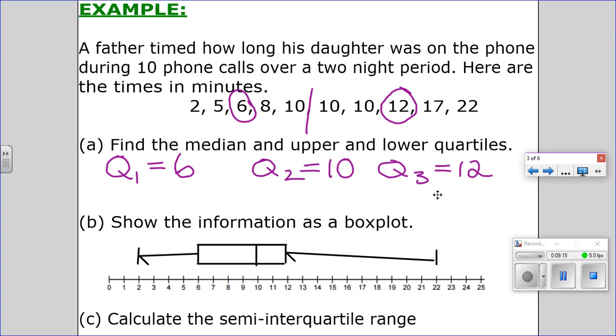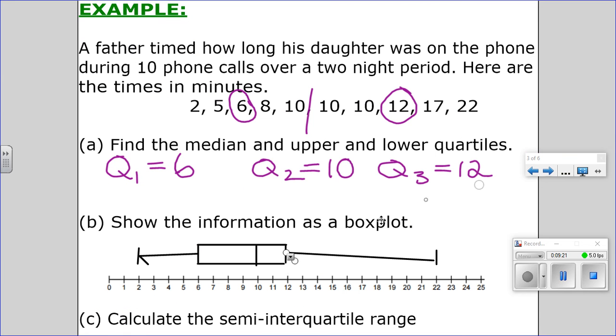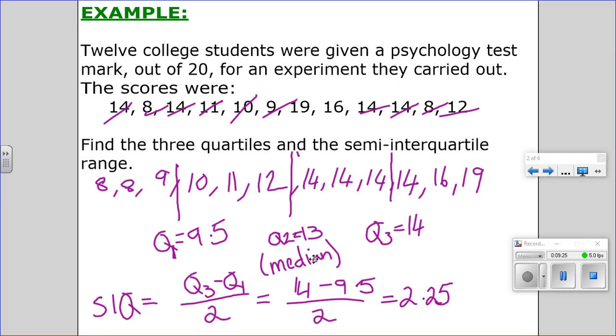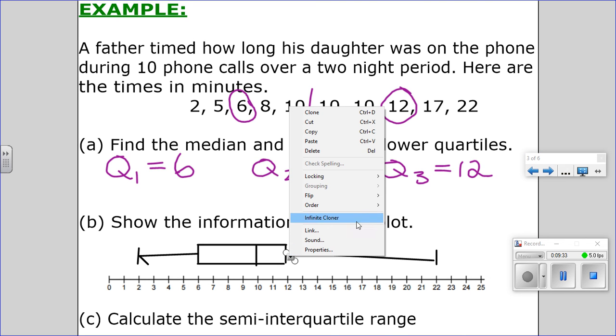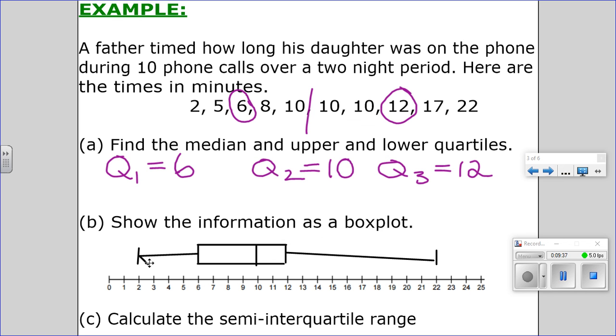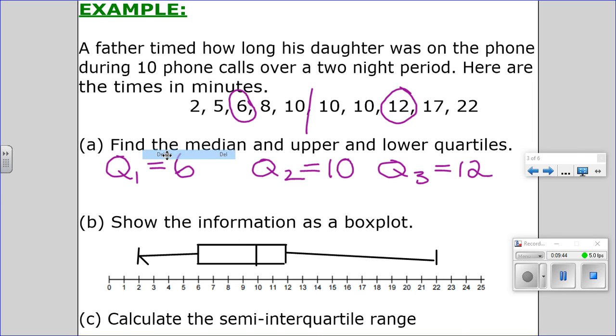Hopefully what you can see now really clearly is this box thing that in the US they call a box and whisker plot, and we call a box plot. What it's showing you really clearly is that the majority of your data is at the lower end of the spectrum.